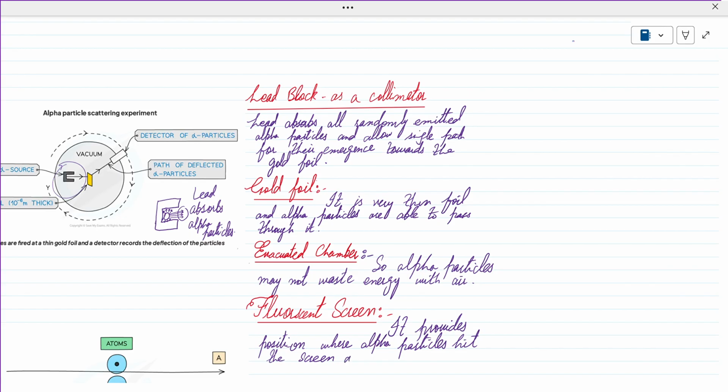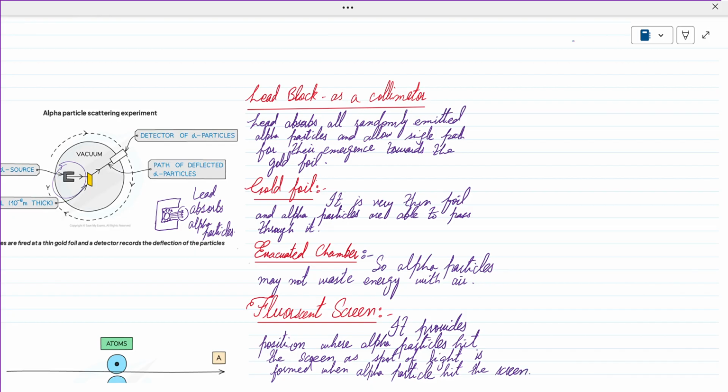A white spot, or a spot of light, is formed when an alpha particle hits the screen.